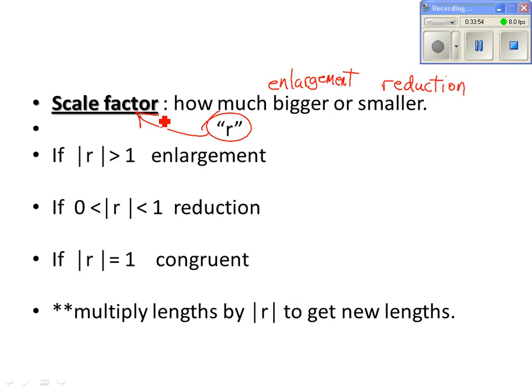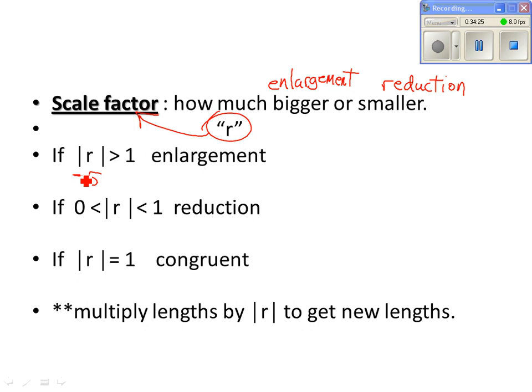Something like 5, would that be an enlargement? Yeah, is the absolute value bigger than 1? How about -5? What's the absolute value of -5? 5. Still same, still getting larger. So anything farther away from 0 on the number line than 1, you're going to be making the shape bigger with that scale factor.